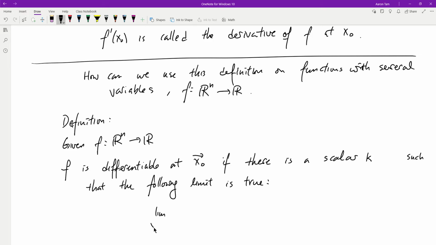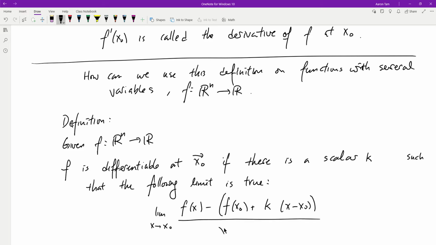The limit as x approaches x sub 0 of f of x minus parenthesis f of x sub 0 plus k times x minus x sub 0, over x minus x sub 0, is equal to 0. Now, obviously this expression doesn't work because it doesn't account for the fact that the input is a vector.